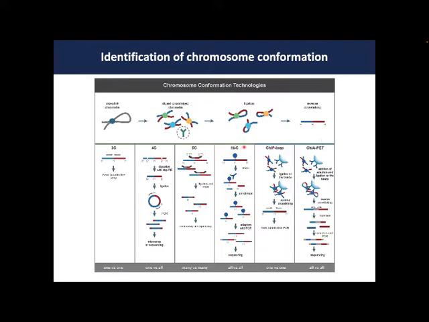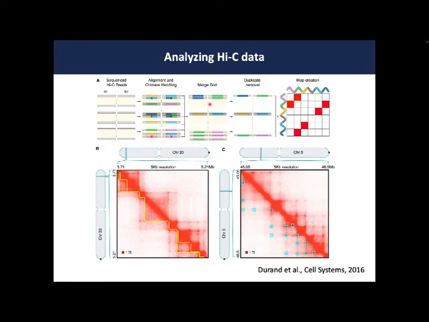Maybe we can talk about one of these popular techniques, Hi-C. In Hi-C, after cross-linking, as I said, the closely located regions are sequenced together, and these sequences are aligned with the genome, and then those interacting regions are mapped together.